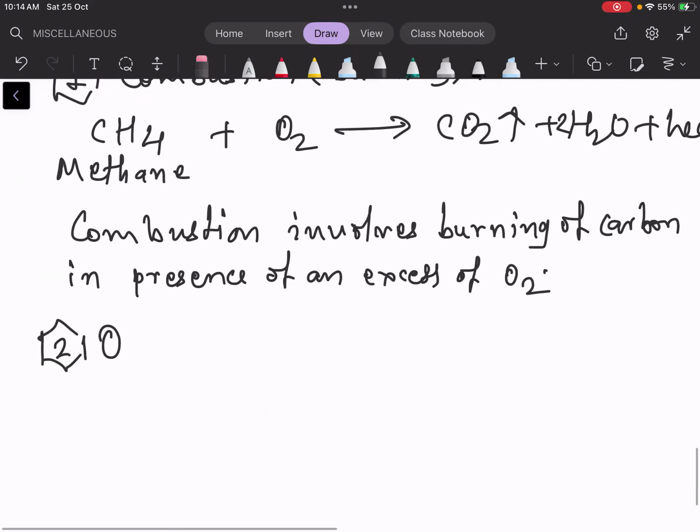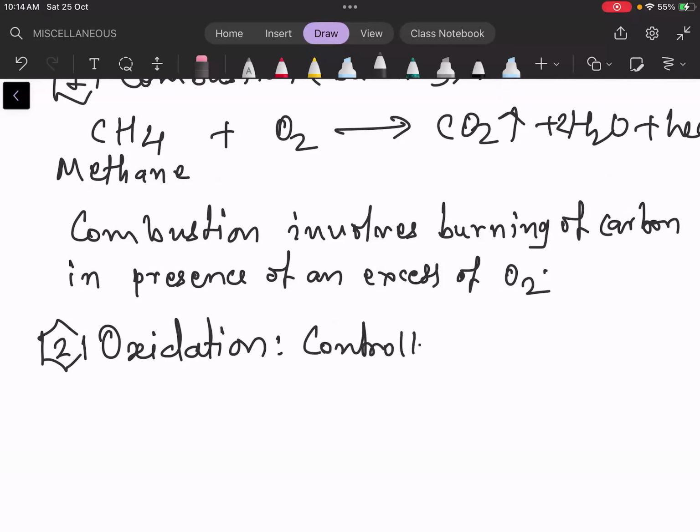Then the second one is oxidation. Now, what is oxidation? Oxidation means controlled combustion or burning.